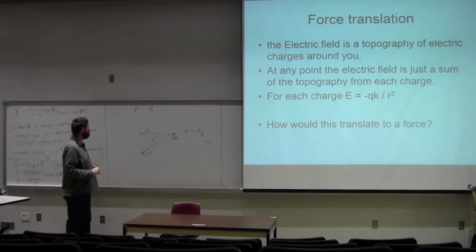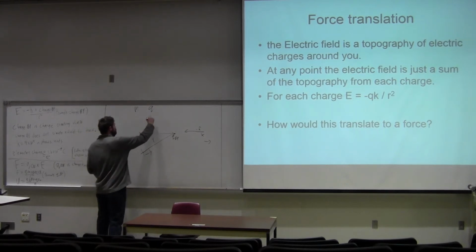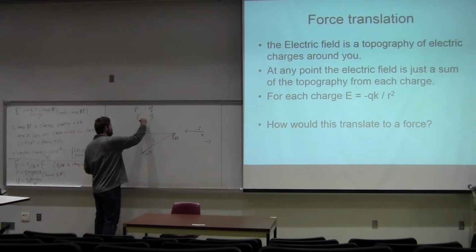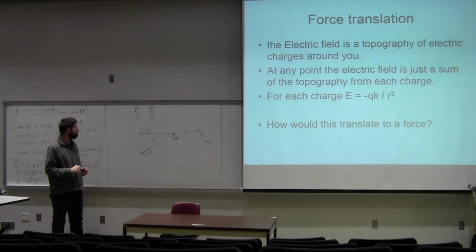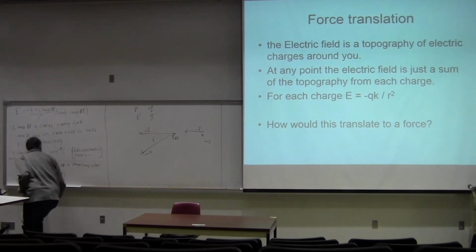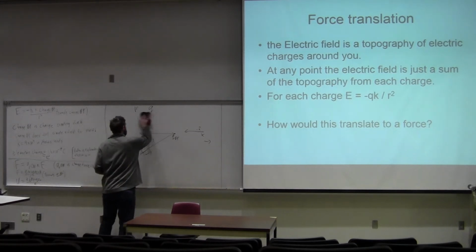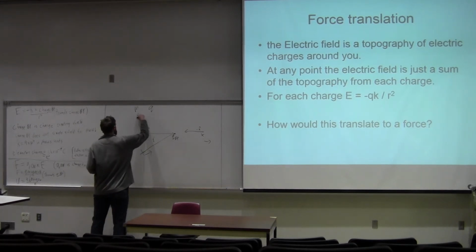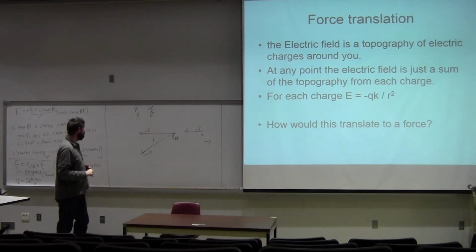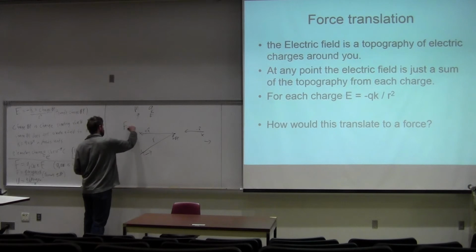In the gravitational world, you have, I'm going to call it little g, that's where the acceleration points, and in the electric world, you have E. Sorry, I'm going to confuse you, let's do that back: g and E. Now, the gravitational force is mg.